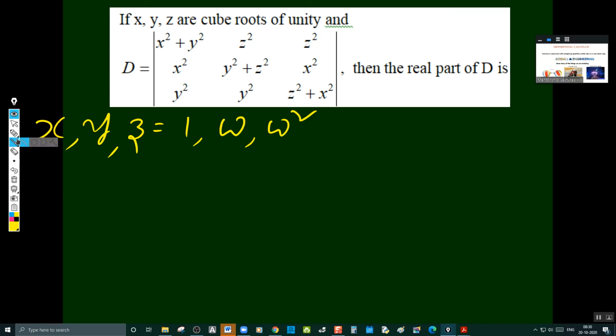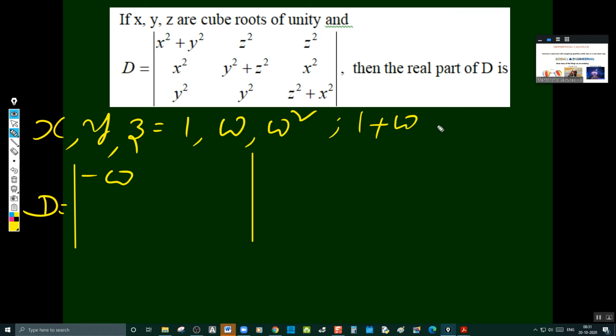Then d becomes, let us write d now: x squared plus y squared. 1 plus omega squared is nothing but minus omega. I need not tell you that 1 plus omega plus omega squared is 0 and omega cubed is 1.